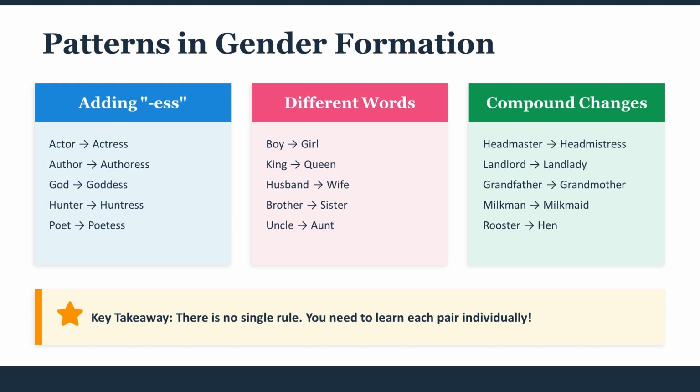These pairs have no common root at all. The third pattern involves compound word changes, where part of the word changes. For example, headmaster becomes headmistress, landlord becomes landlady, grandfather becomes grandmother, milkman becomes milkmaid, and rooster becomes hen. The key takeaway here is that there is no single rule that applies to all nouns. You need to learn each pair individually through practice and repetition.